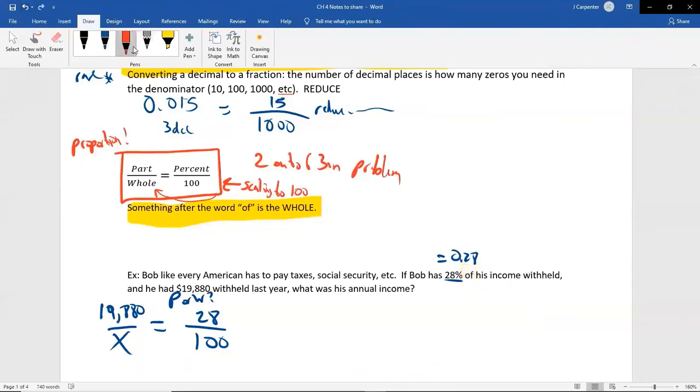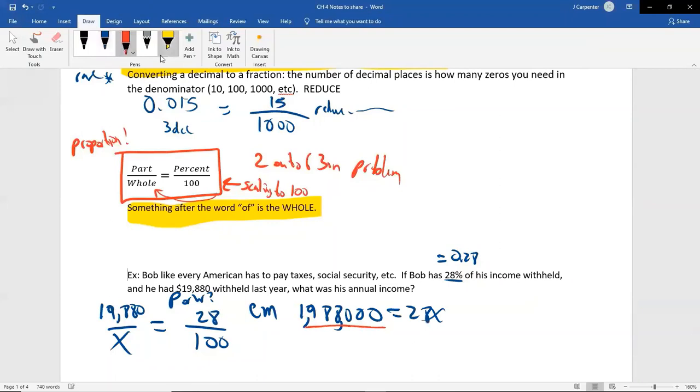How do we solve this? Well, you know how to solve this. You better know how to solve this. You cross multiply, so when I multiply the 19,880 by 100, it's just going to put 2 more zeros up there. So here's the times 100 part, which now makes that 1.988 million. And then that will be equal to 28x.